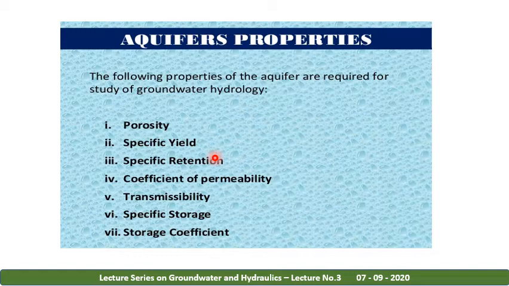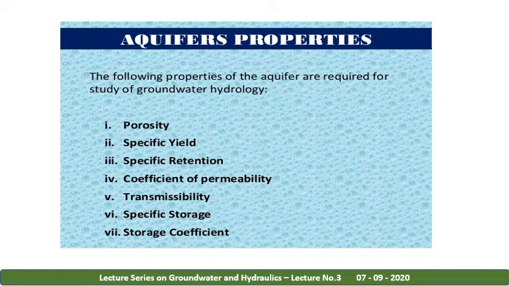The quantity of water stored by an aquifer and the quantity of water released by it depend on the nature and composition of the aquifer, which are quantified through certain parameters like porosity, permeability, as well as specific yield, storage coefficient, transmissibility, and specific retention.